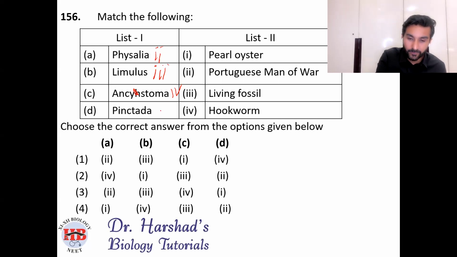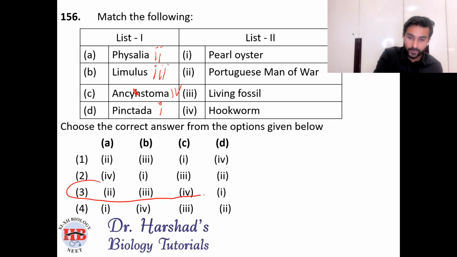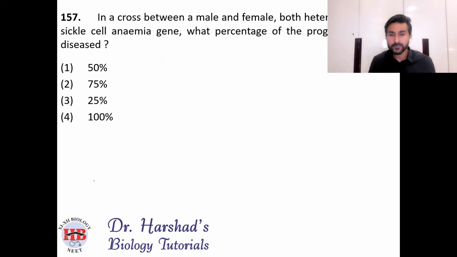Pinctada is the name for oyster, so D1. So you've got A2, B3, C4, and D1. Yes, it matches with option number 3, so that's our answer. We go to the next question.